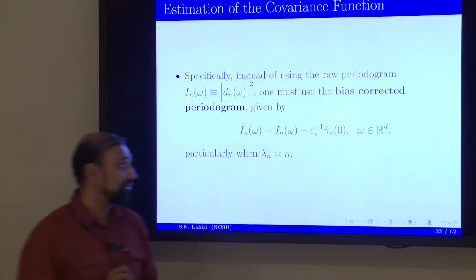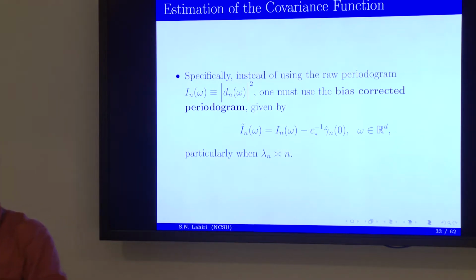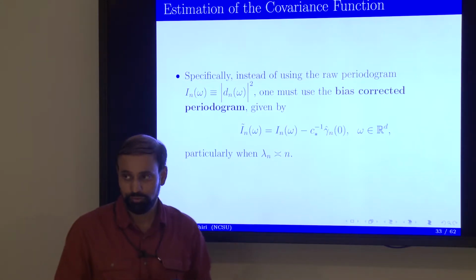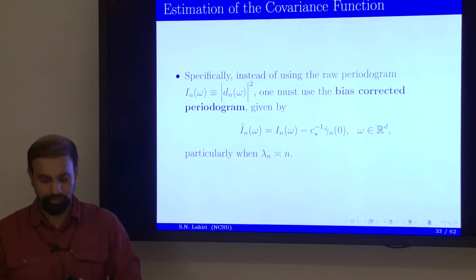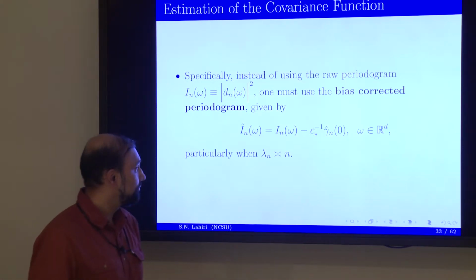Cn star is not something that you always know, because when you are using a particular data set, nobody gives you the limit. It's only 1n, 1 lambda n. So you have to substitute in place of C star the ratio of those two numbers, whatever that is.